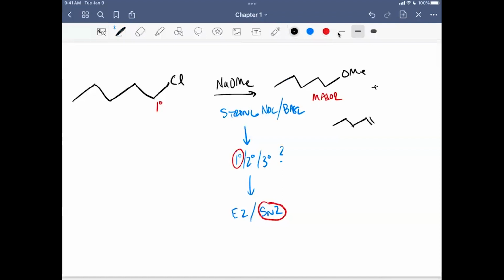So you'd end up with a double bond right there. Obviously that's not the most substituted, but since this is primary, you can't really rearrange it. And that would be the minor product. You wouldn't even really see this. You would only be shown the major product. Usually when I see exams and tests, it only shows the major product for these primary ones, because that minor product just looks awkward.